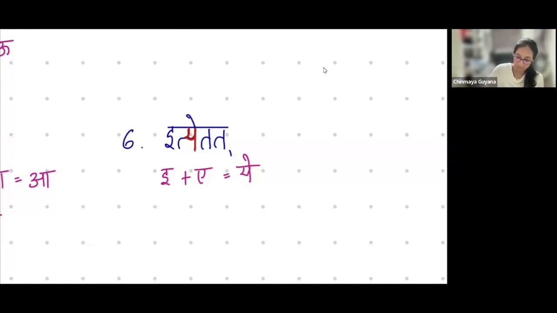So then this will become iti and etat. There's no other options here. This is the only option that you'll get when you break the sandhi. Iti etat.